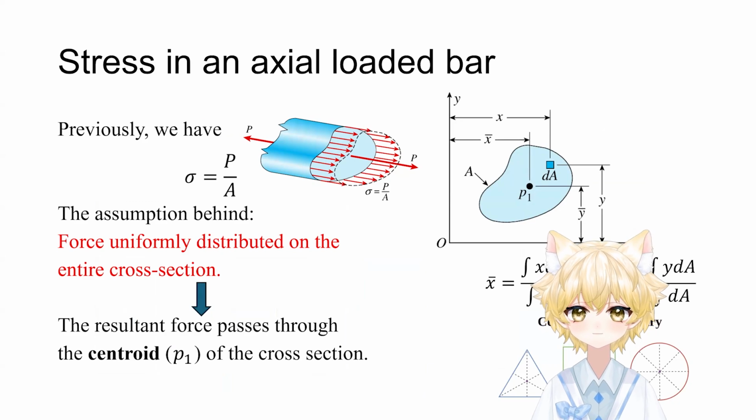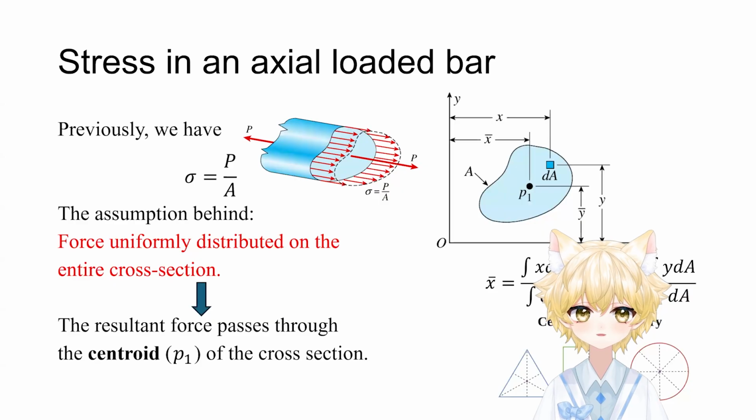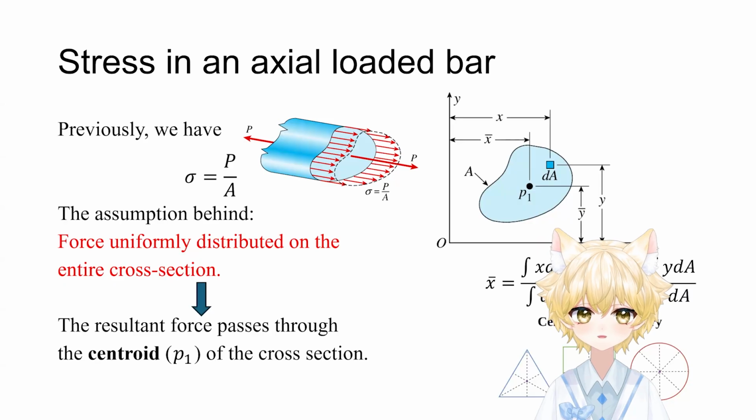When we write sigma equals P over A, we are assuming that the internal force is distributed perfectly evenly across the entire cross-section. For this assumption to hold true mathematically, the resultant external force vector must pass through the geometric center of the area, what we call the centroid, right?